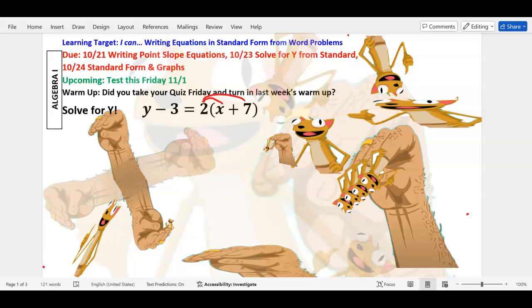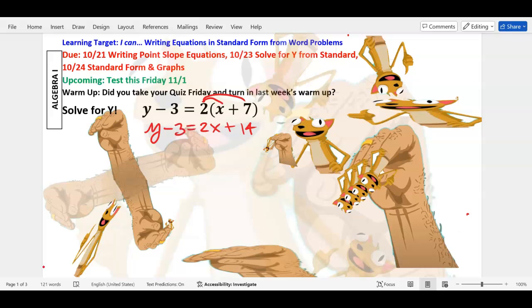That familiar? Well, we distribute the 2. 2 times x is 2x. 2 times 7 is 14. Okay, so you're multiplying 2's and you distribute, bring down y minus 3 equals.